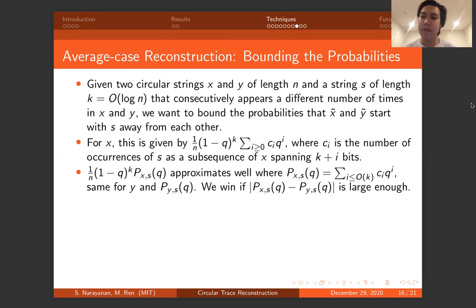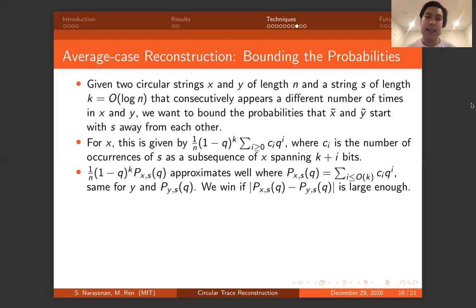We can cut off the terms where i is much bigger than k, because then q to the i will make those terms essentially negligible. So now we have this expression: 1 over n times 1 minus q to the k times this polynomial p of x, s, depending only on x and s.